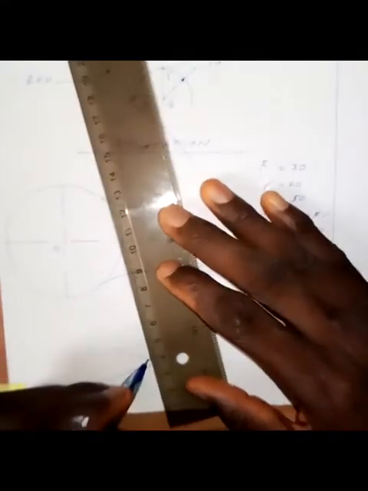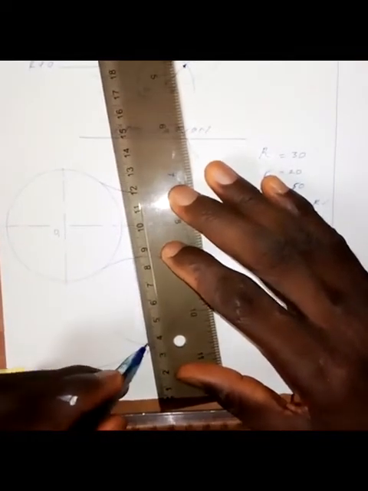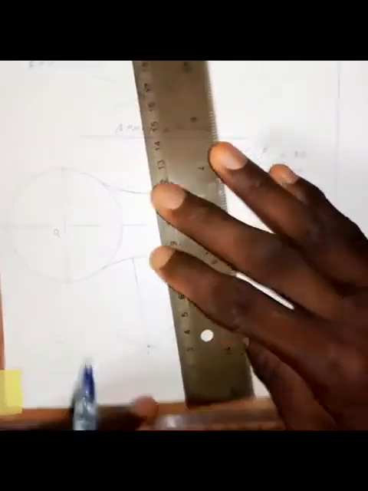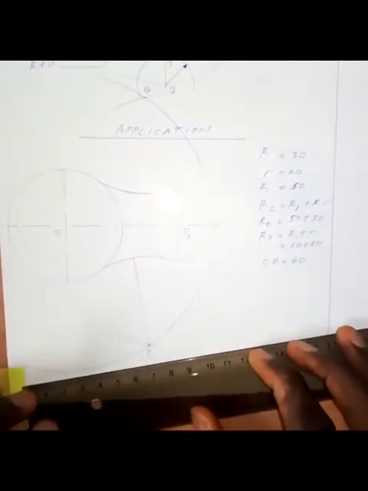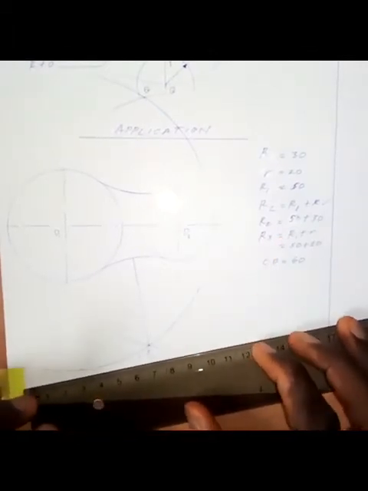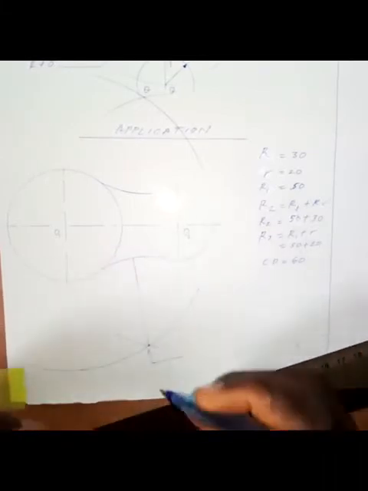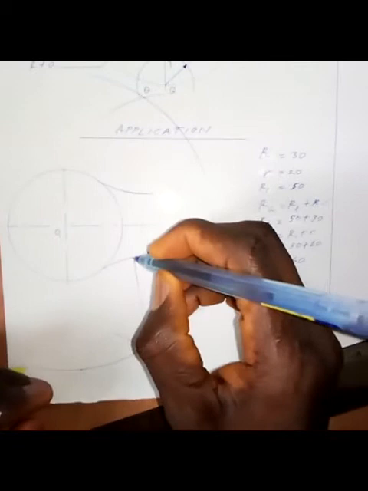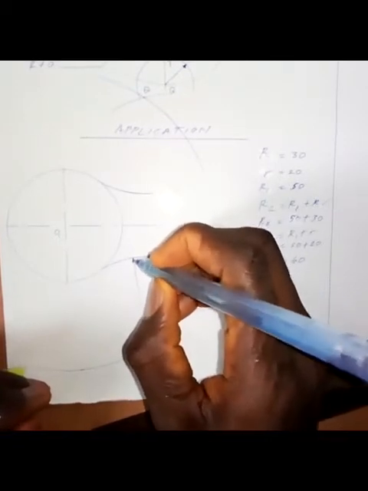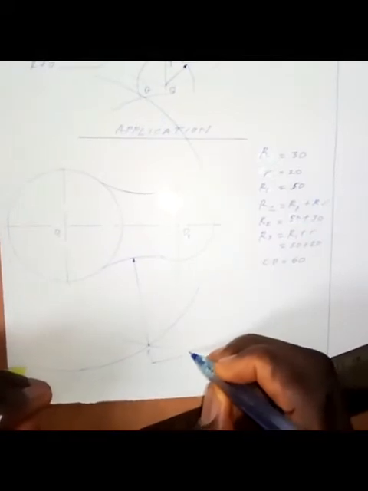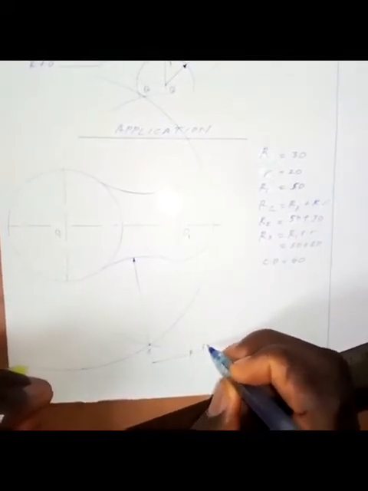So the radius here, from here, this is R1, which is 50.